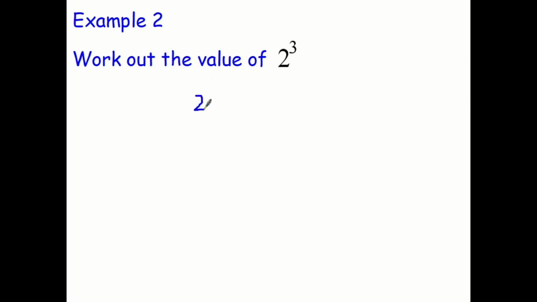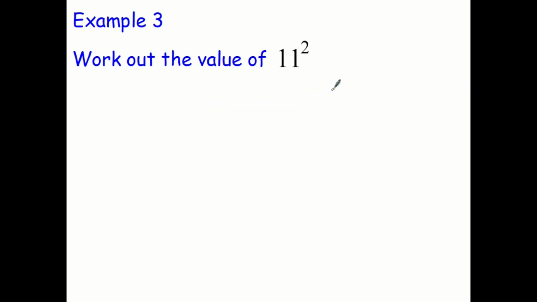So I do 2 multiplied by 2 multiplied by 2, which is not the same as 2 multiplied by 3. Let's figure it out. So 2 multiplied by 2 is 4. And then I'm going to multiply that by 2 again. And 2 4s are 8. So 2 cubed is 8.